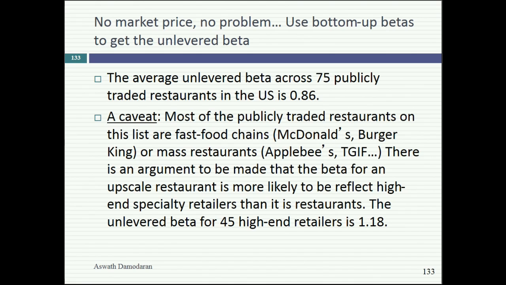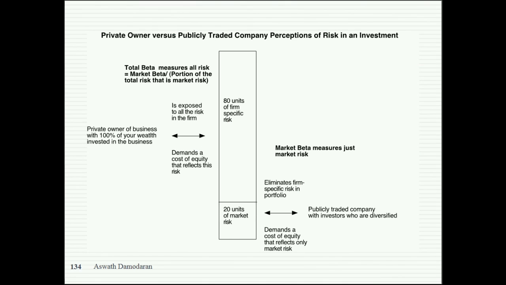In fact, here's the way I think about it. I think of it almost like an algebra problem. Let's say beta measures market risk, and let's say the number of units of market risk in a company is 20 units. If I'm a diversified investor, I stop right there. But let's say you're not a diversified investor. You're exposed not just to the 20 units of market risk, but to the remaining 80 units of firm-specific risk.